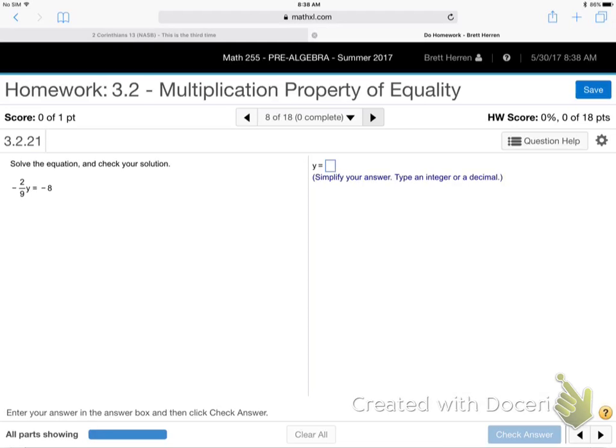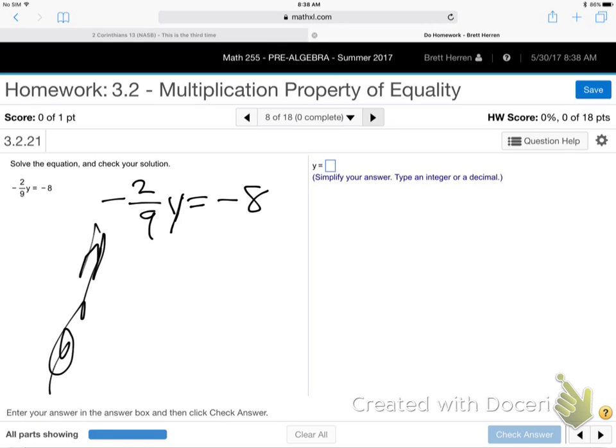Let's see. So negative 2/9 y is negative 8. So y is saying, I want to be alone on this one. So do whatever it takes to get y alone there.